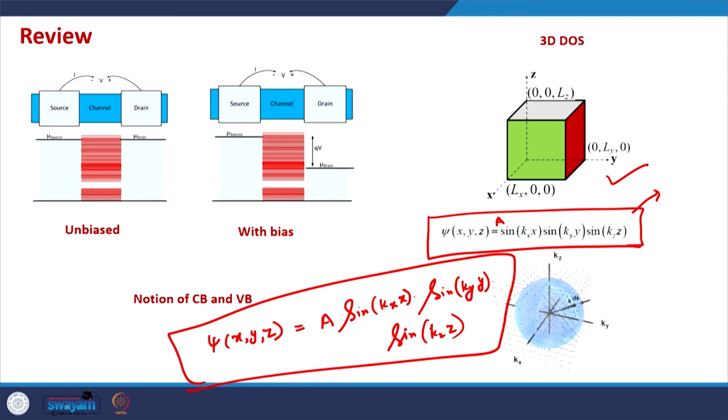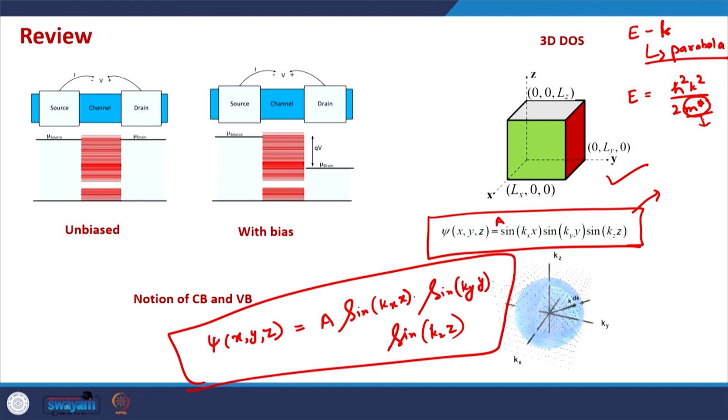But as we saw, if the E-k relationship can be approximated by a parabola, then the idea of effective mass is applicable, and in that case if we can write down the E-k relationship like this, E equals h bar square k square divided by 2 m star, we can assume that this 3D solid is like a big potential well in 3 directions, and all lattice points effect can be considered by this effective mass.